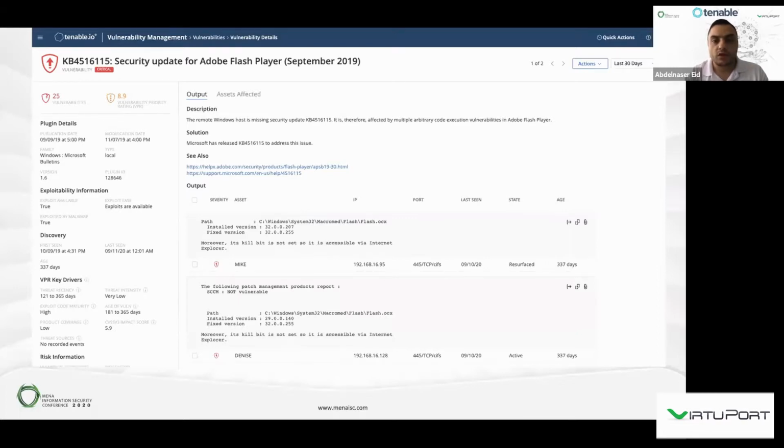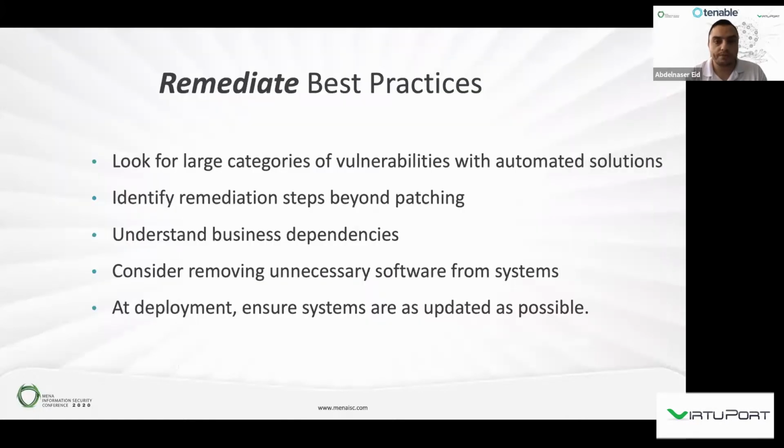So this is the job or the duty of a mature vulnerability management platform or mature vulnerability management vendor to provide the maximum information around each individual vulnerability. The description, the proposed solution, any references, or even the actual output that we got from the asset, which told us that there is a vulnerability itself. So the more information we can give, the easier it becomes for the teams to solve the problem.